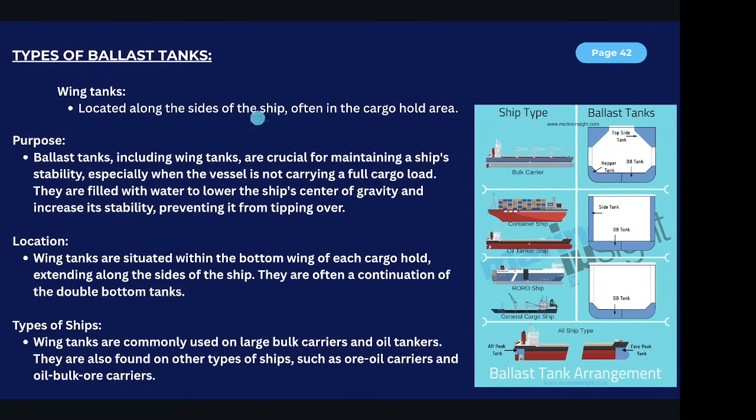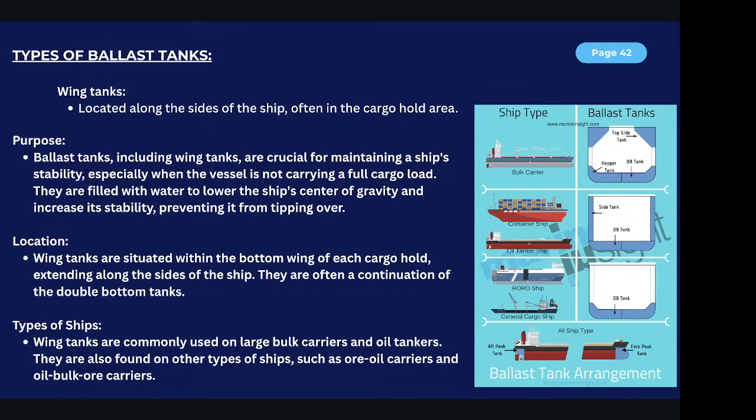So another type is what we call the wing tanks. These are located along the sides of the ship, often in the cargo hold area. The purpose of this ballast tank: the wing tanks are crucial for maintaining the ship's stability.